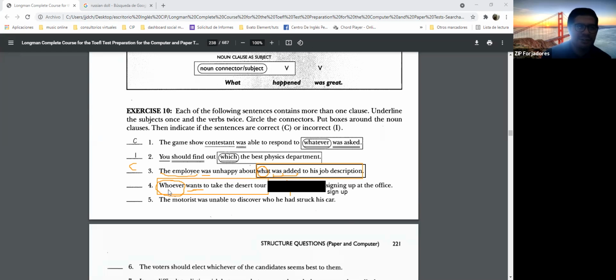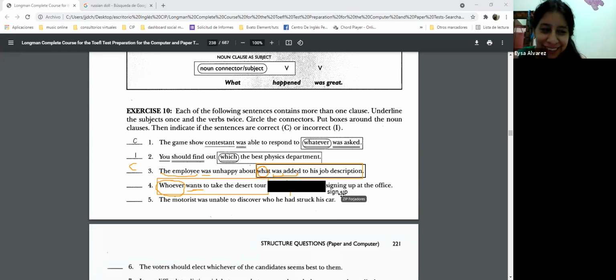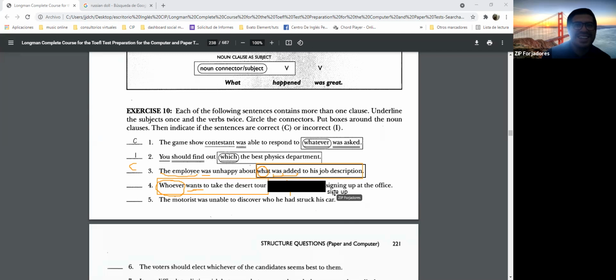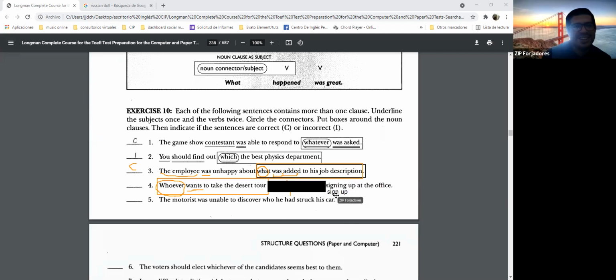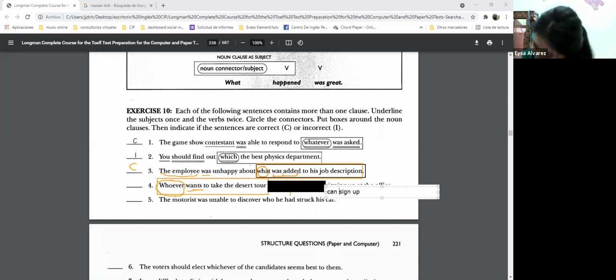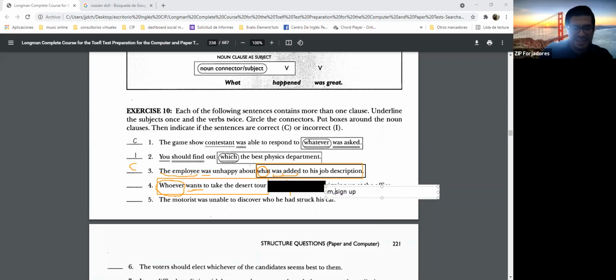So let's try to understand it. Quien sea quien quiera tomar el tour de desierto, firma en la oficina. We need to add an S, signs up, or no? No, it's not that one. Let's go with can sign up, or must sign up, with a modal. Must sign up or should sign up.